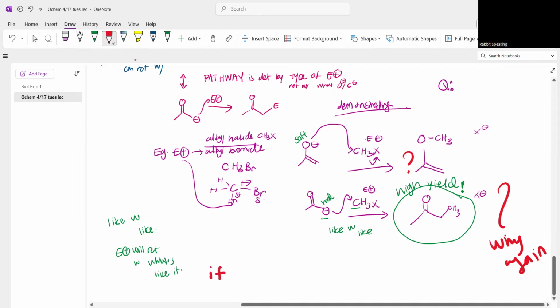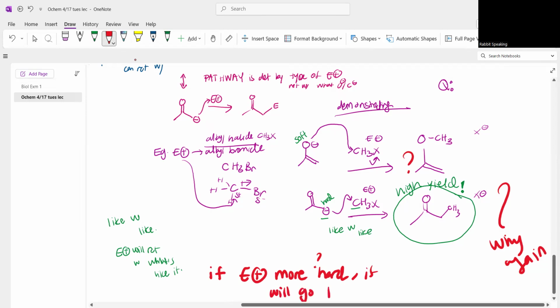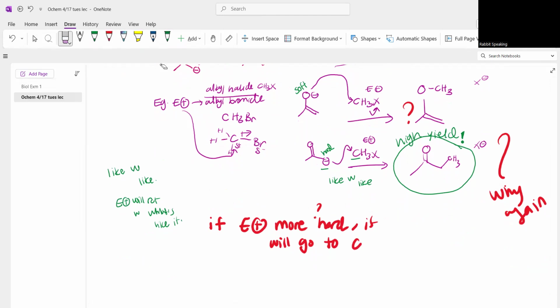I don't know what he meant by hard and soft, but he mentioned this statement in lecture. If an electrophile is more hard, again, this is my question, what does it mean to be more hard? It will go to something that is more soft.